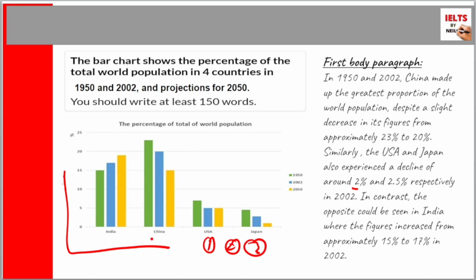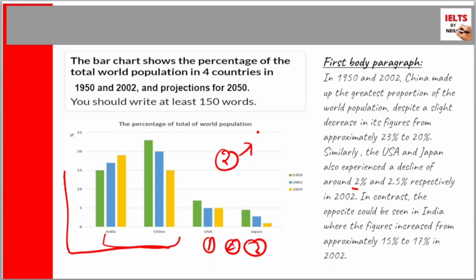So there are 4 countries given, so you can plan what you're going to include in each paragraph. For example, in this graph, you can follow 2 structures. Number 1 will be country wise.